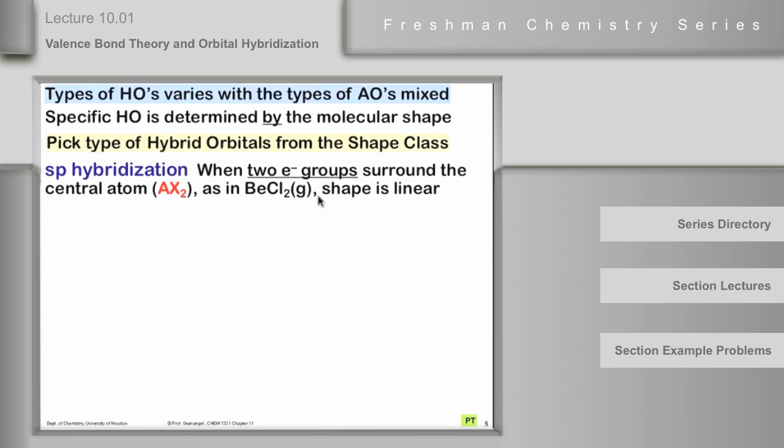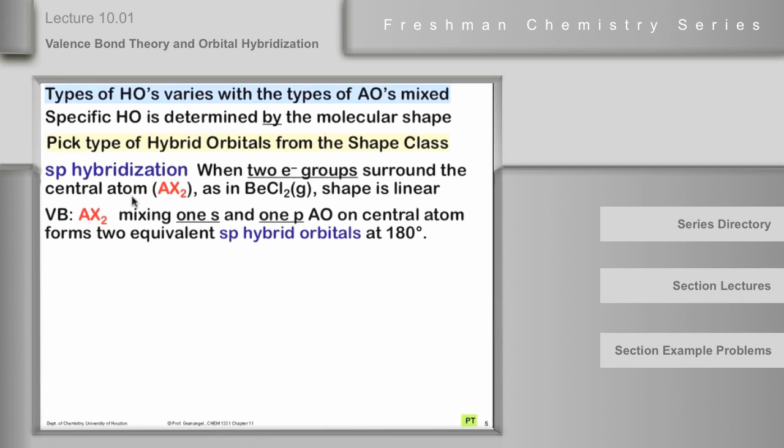In other words, the 2 pairs of electrons, according to the VSEPR rule, would be allowed to get as far away from one another as possible, and that would be 180 degrees apart in a linear shape. So for the hybridization for these 2 electron groups, we need to have some kind of hybridization that points at 180 degrees apart. Two hybrid orbitals pointing east and west.